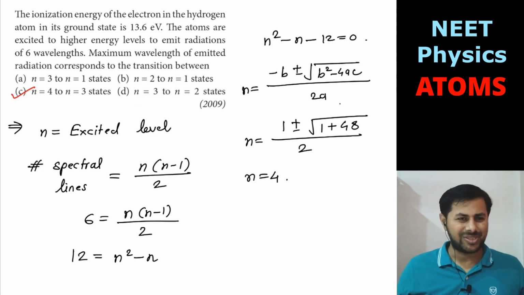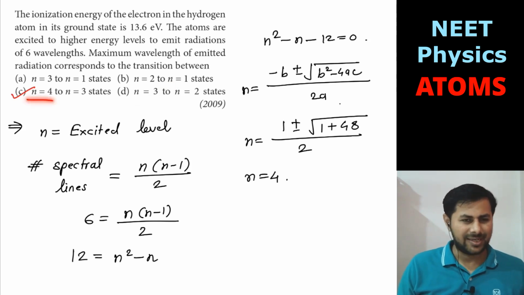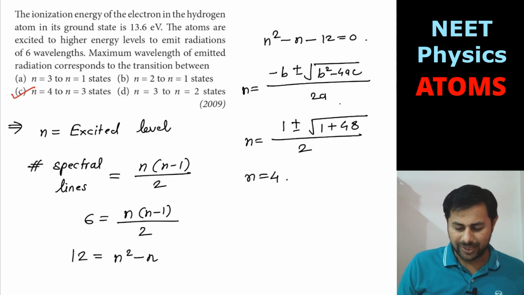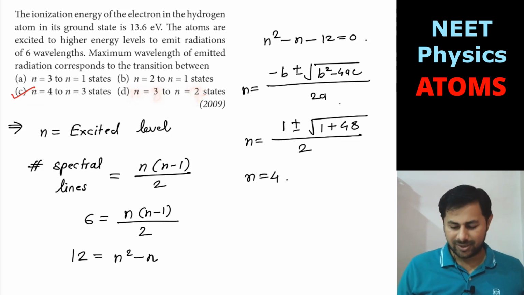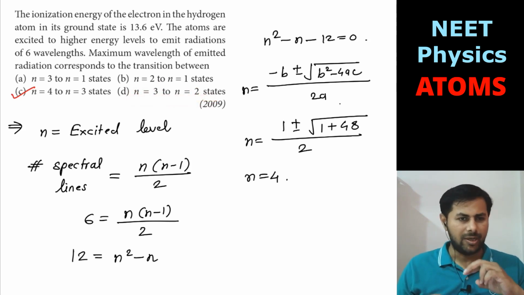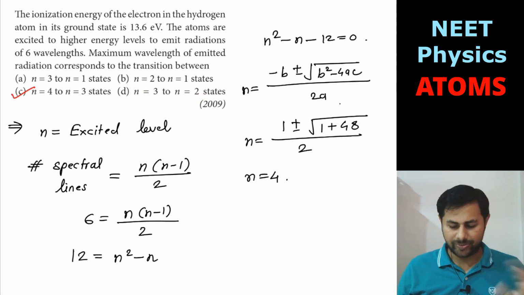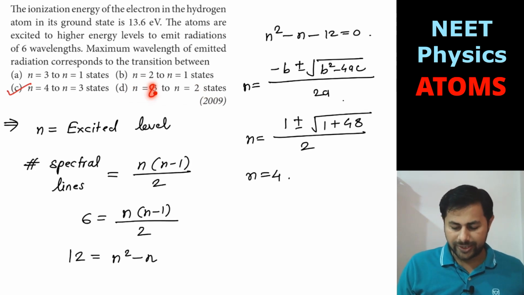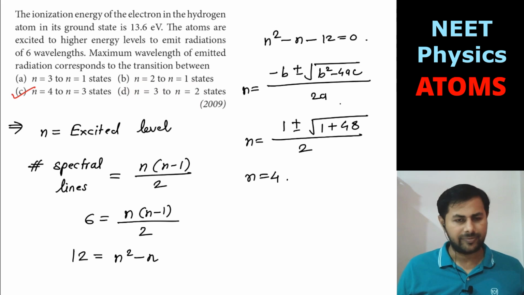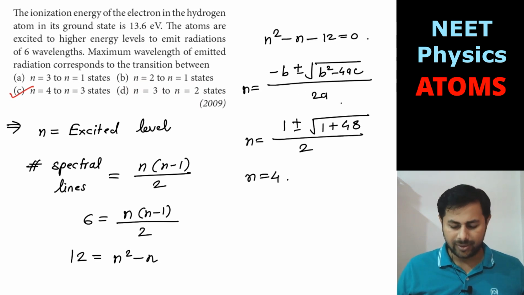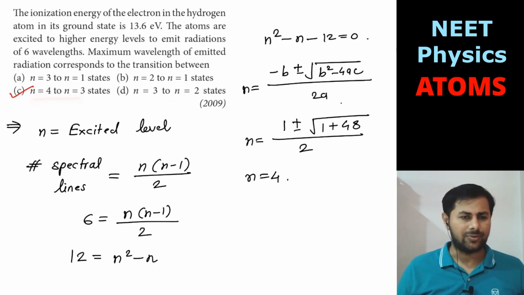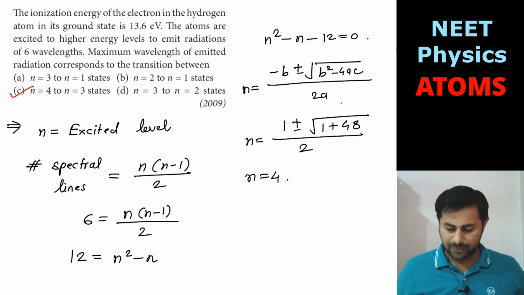What a question setter can do is give this option, and give, let's say, n equals 8 to n equals 7, something like that. And we might feel, because we know that the energy difference between nearest higher orbits would be lesser, so we'll tend to click that answer. But that's not correct. That's why we need to check where it goes.